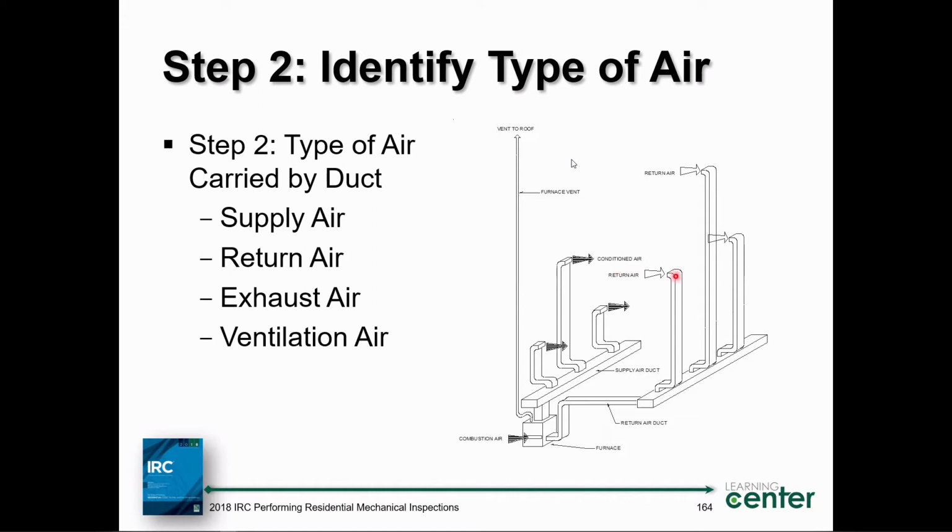The return side is designed to provide an equal amount of return back to the source, which is the air handler or the furnace. If you didn't have a return going back to your furnace, you wouldn't have any airflow. You would have no airflow, no circulation.